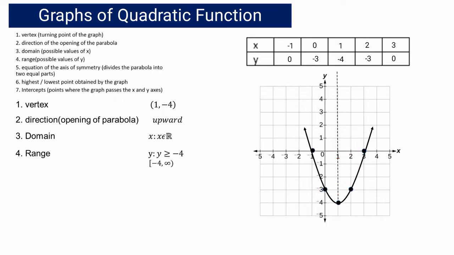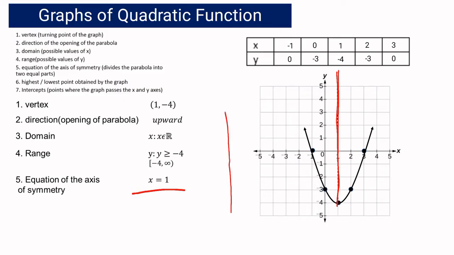So in here, this is the axis of symmetry, this line, and we are looking for the equation of this line. And what is the equation of this line? We have x is equal to 1, because obviously there is 1, so it is x is equal to 1.